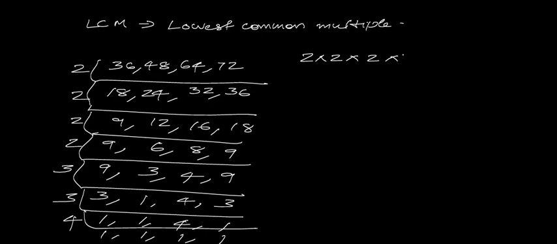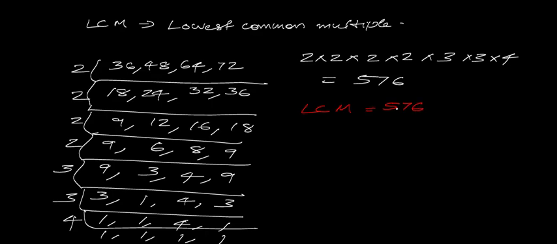So four 2s, 3 into 3 into 4. It is equal to 576. So we can say that the LCM of all these numbers is equal to 576.